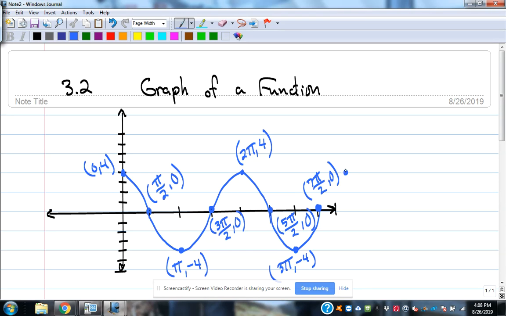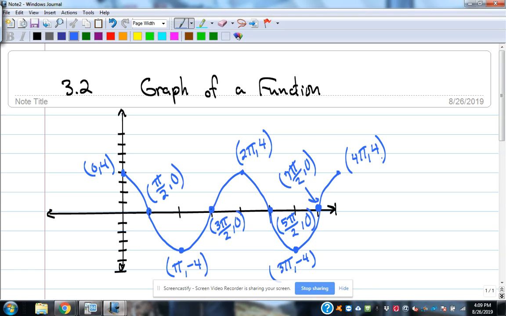And then one more. Oops, went too far. Let me slide that ordered pair out of the way. Rewrite that. Right there is (7 pi over 2, 0). And then right here, ending up right there at (4 pi, 4).